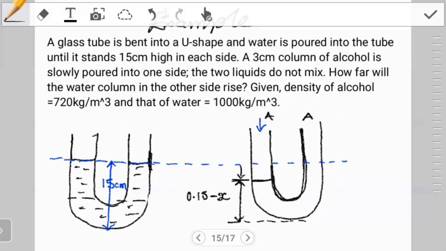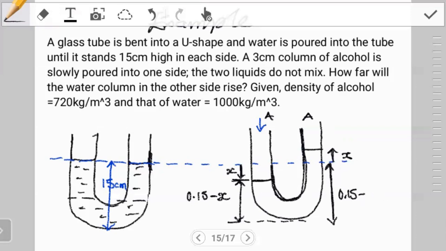So we had one linear tube, and then it was just bent, implying that if on the left-hand side it goes down by X, then on the right-hand side it has to go up by the same X. Initially the height measured from the bottom was 0.15 meters, but it has gone up by X, meaning there's that extra bit X that we have to add.